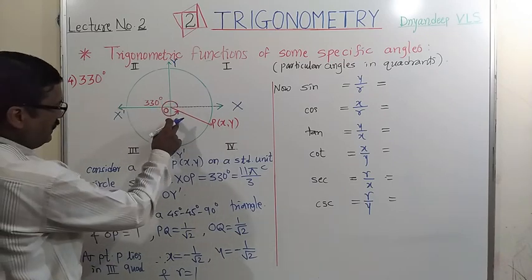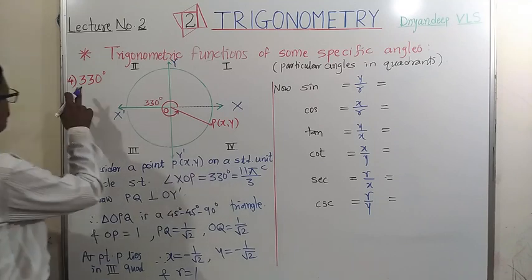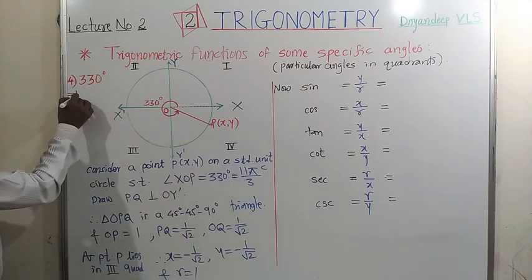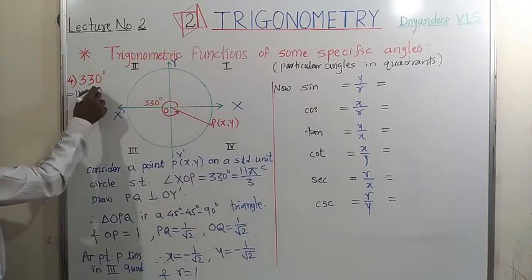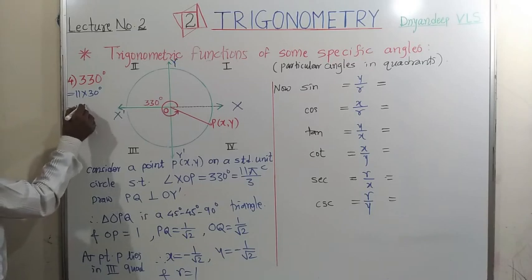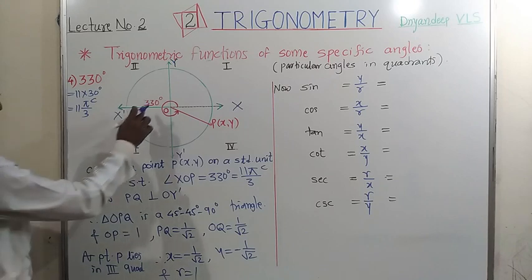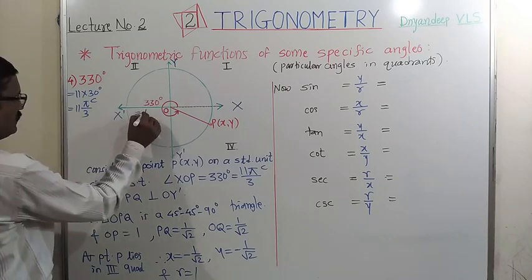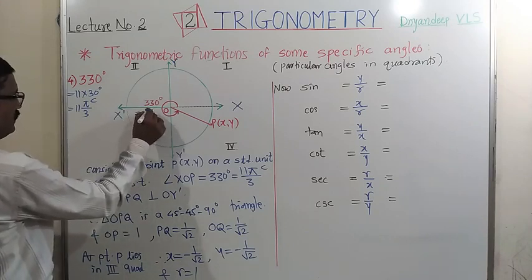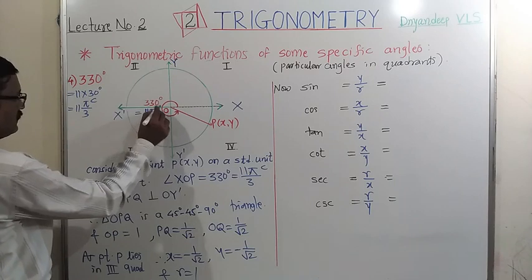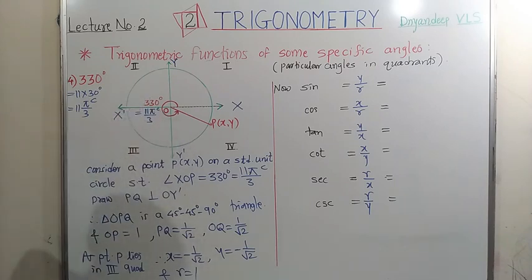So it is 11 times 30 degree. 330 is nothing but 11 into 30, and it is equal to 11 times pi by 6 radian. So this 330 is nothing but 11 pi by 6 radian. Okay, that is our angle.